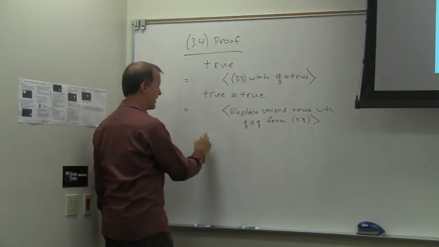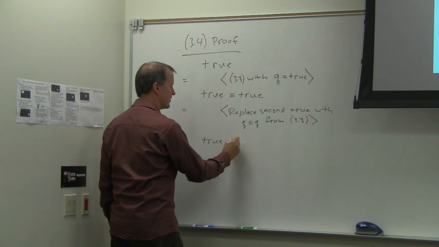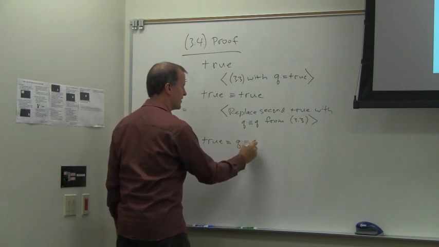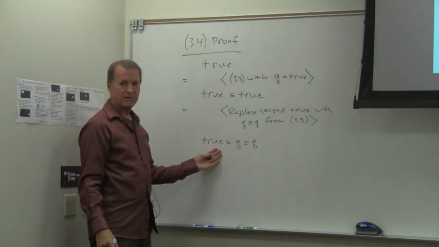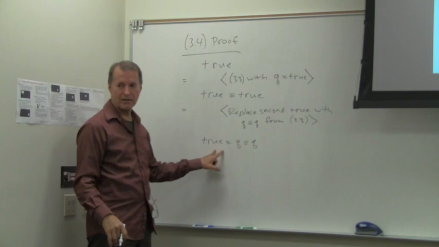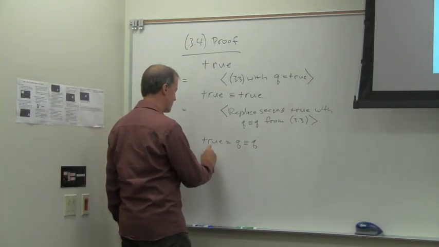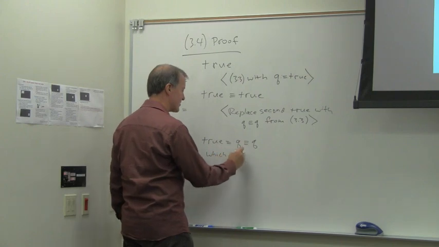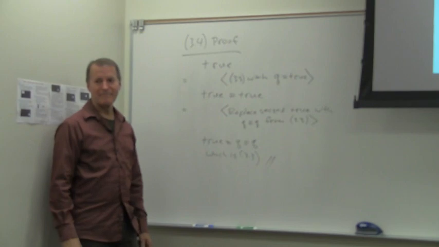And if we do that, we have true equivalent to Q equivalent to Q. And now what's the last step that we have to say? No, we don't do slash slash yet, because we have to cite this, which is 3.3. Is everybody clear? Now, boom, we're done.